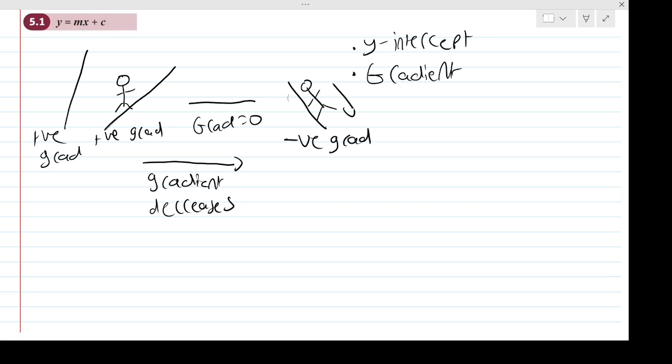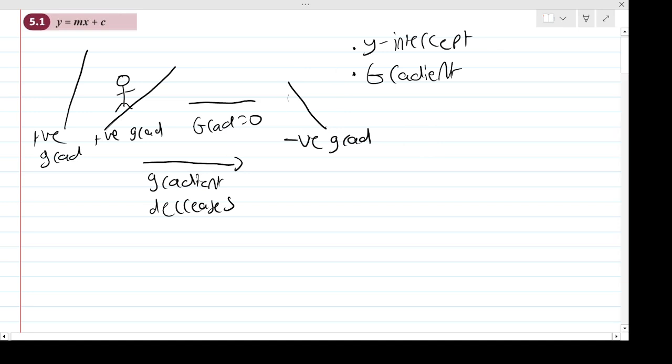In fact, it's helping you go down. So it's far less steep, because it's actually going downwards, so it's negative. And if you had a line going even more downwards, then it's more negative than this line there.